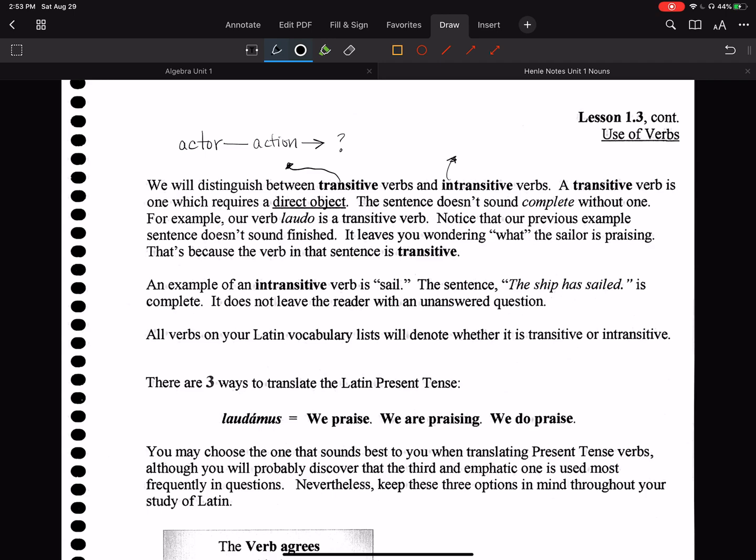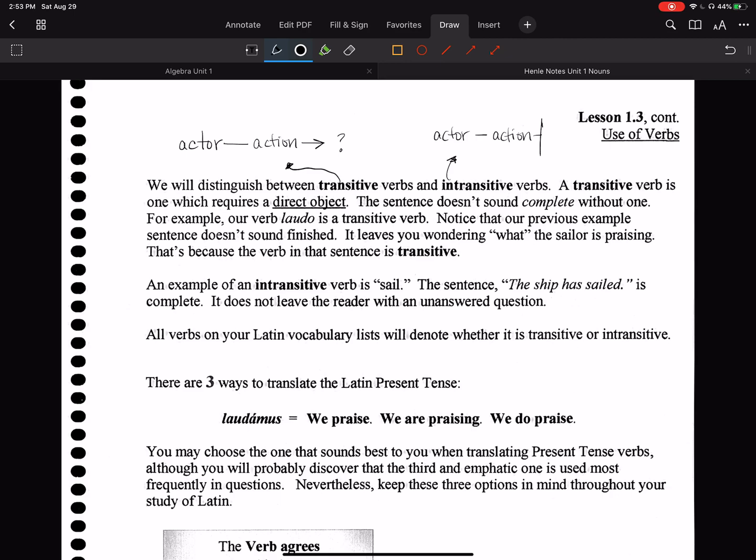Intransitive refers to when you have an actor who does an action, but it kind of stops there. It's something like "the boy runs." It's not really affecting anybody but himself. The action just stops with him, versus "the boy throws the ball."